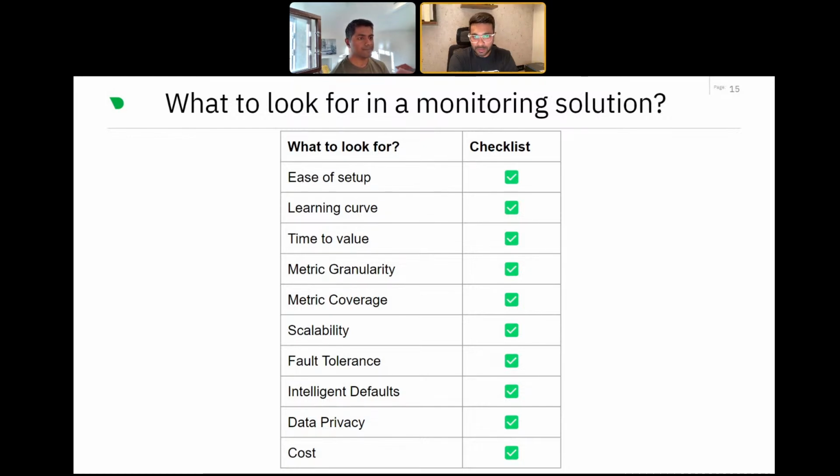The metrics coverage: does it actually capture all the metrics across all the components of your infrastructure? But most importantly, even if it does, is it comprehensive? Is it capturing whatever it captures in some way to be comprehensive, right?